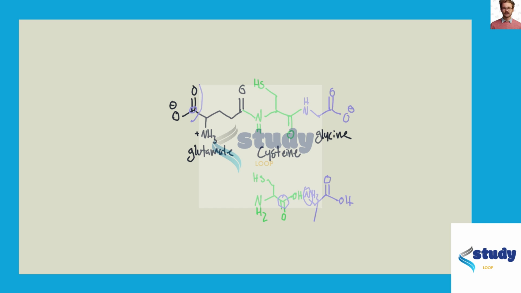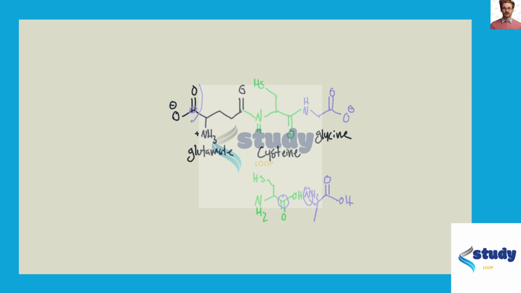So this is a so-called gamma linkage, a gamma peptide linkage, meaning that the linkage is between nitrogen and glutamate's side chain rather than the carboxylic acid carbon.